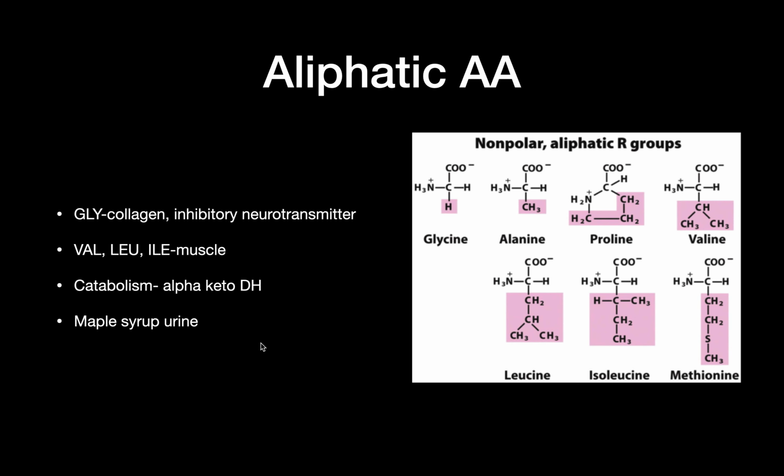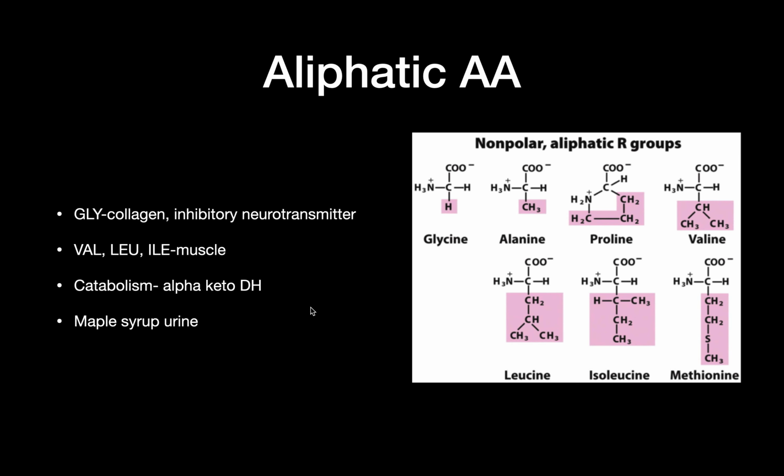Any gene defects that code for the breakdown of the aliphatic amino acid cause the accumulation of these amino acids in the tissue, and it causes ketoacidosis.